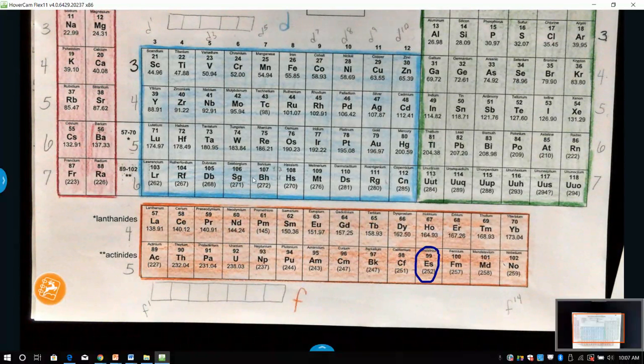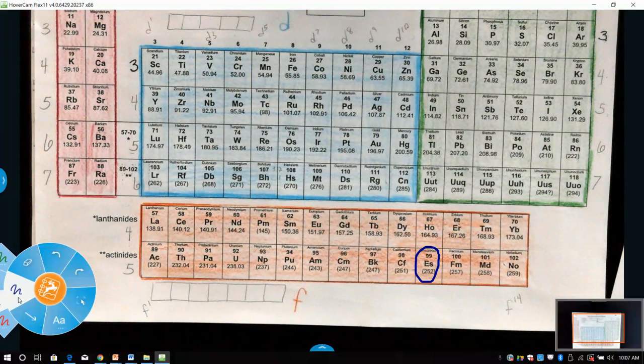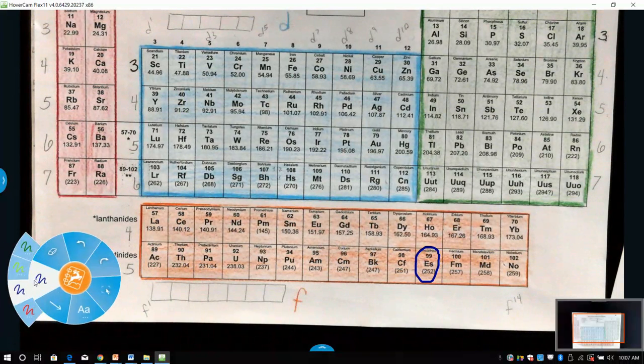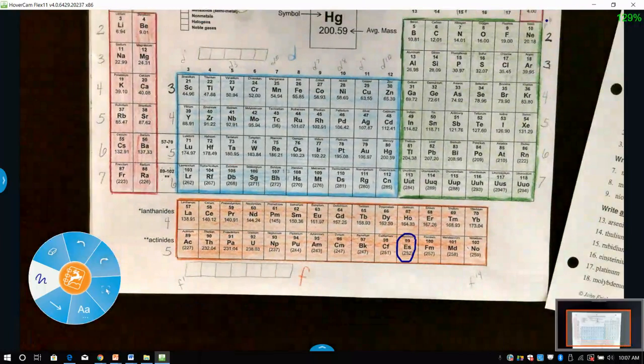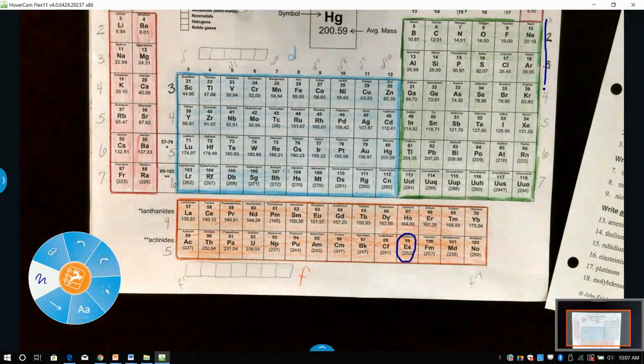Yb is not a noble gas, so that could be part of the things that we were messing up with. These guys are not noble gases. Noble gases are only in this column here. So we have our helium through radon. We don't really care about 118. We're not paying attention to him.